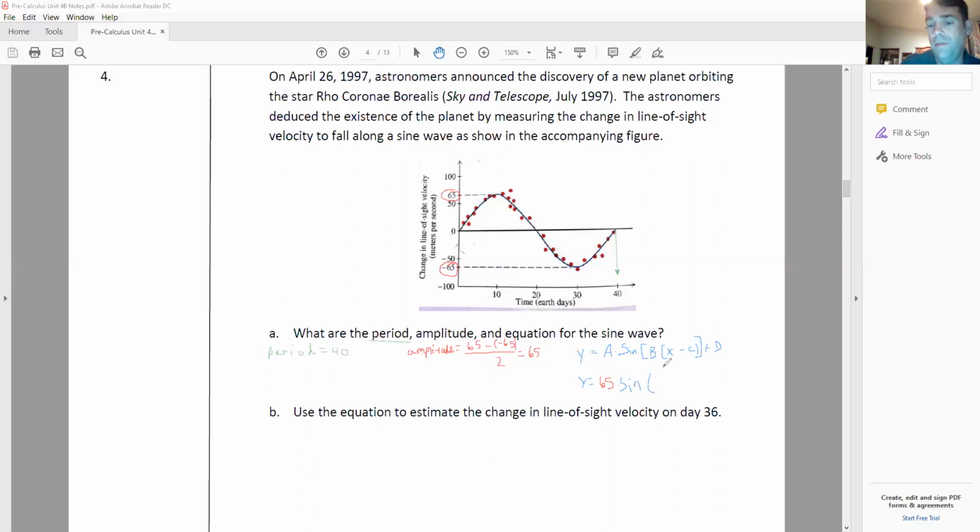of my B value. Well, let's come back here and take a look at our B value here. It's 2 pi over B. So 2 pi over B equals my period. I don't have to put in absolute values because the graph goes up the right way to begin with. So it's not going to be a negative value. So if I put this over 1 to cross multiply, I get 2 pi equals 40b.